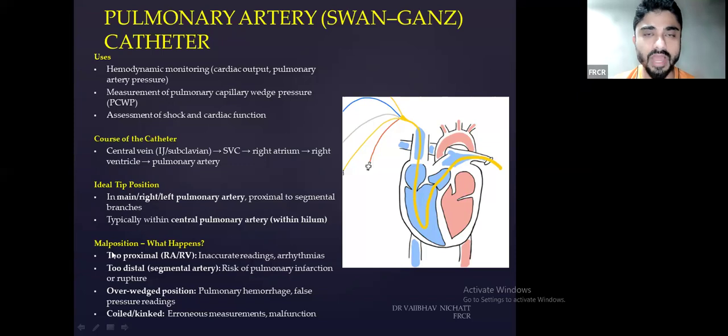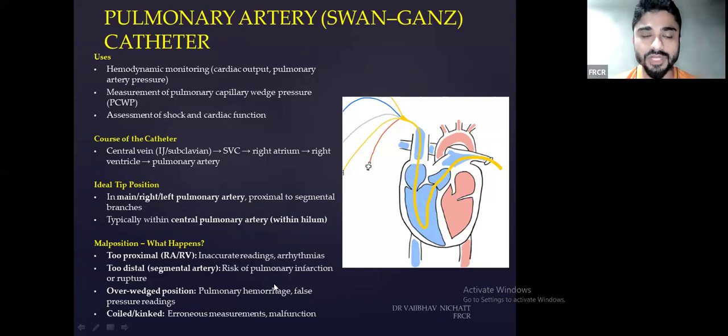Okay, in cases of malposition, if it is too proximally placed, such as in the right atrium or right ventricle, there will be inaccurate readings along with a high risk of developing arrhythmias. If it is too distal, if it goes too far into the segmental artery, then there will be a risk of pulmonary infarction and pulmonary hemorrhage. If it is in an over-wedged position, then pulmonary hemorrhage might happen.